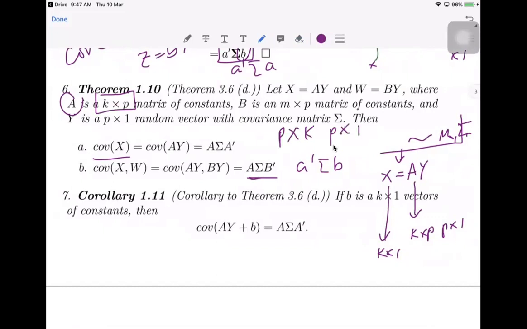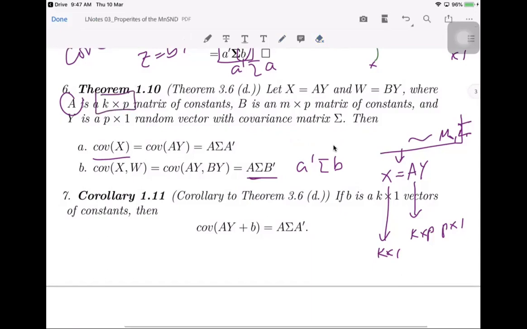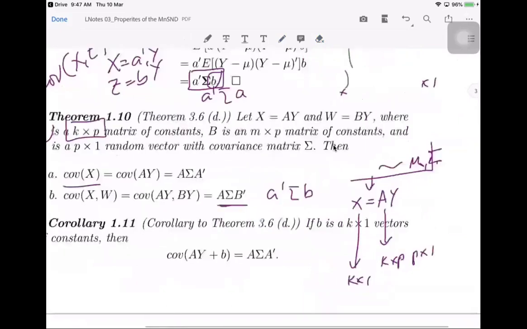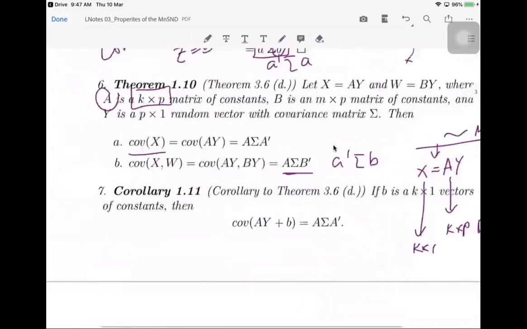So it is no longer conformable. But actually, the result is the same. It's just that for the vector, we used A prime here. Do you understand? Yes, ma'am. Okay.